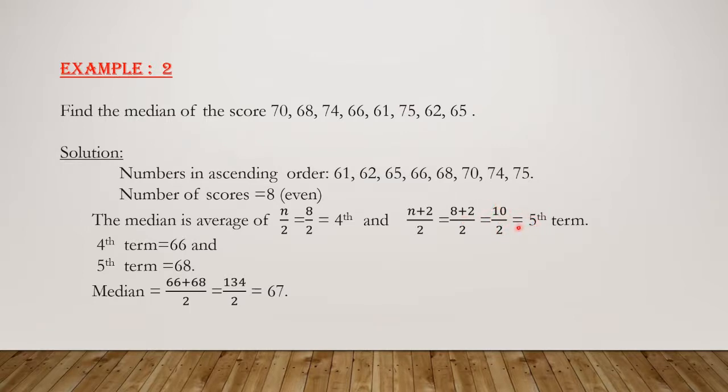Therefore, the average of the fourth and fifth terms is the median of the data. In this data, the fourth term is 66 and the fifth term is 68. Therefore, median equals (66 plus 68) upon 2, that is 134 upon 2, equals 67.